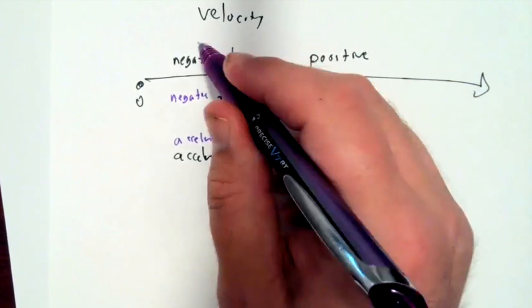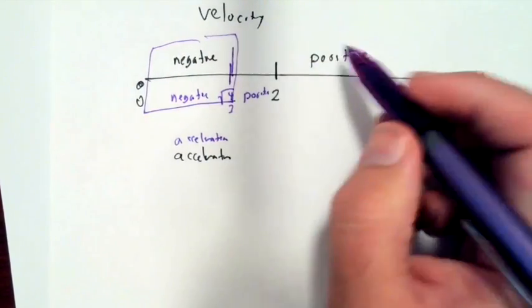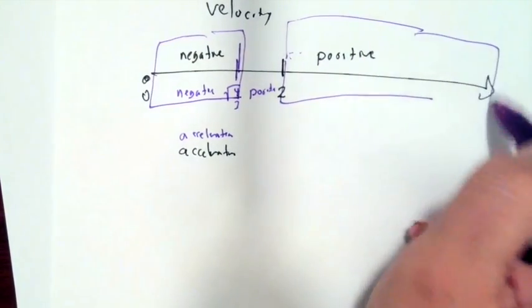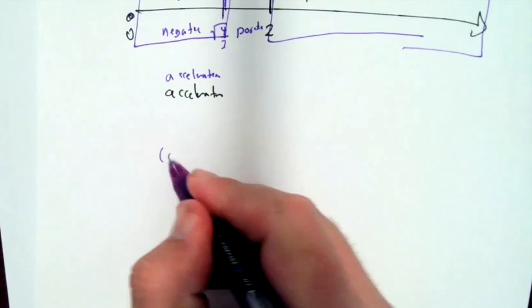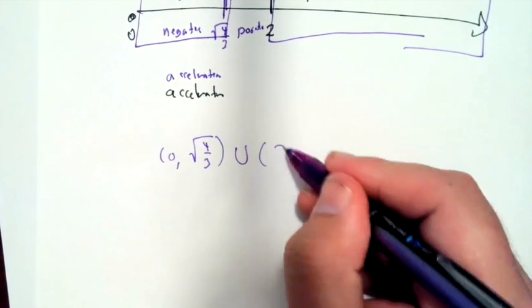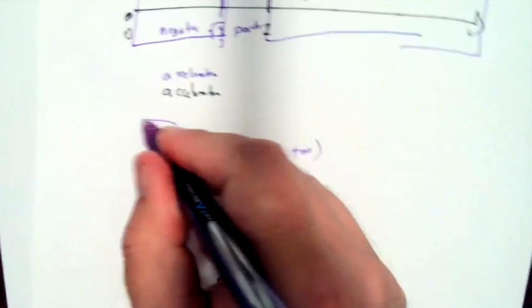So these two places where the acceleration and the velocity agree would be where the particle is speeding up. In other words, from 0 to square root of 4 over 3, union with 2 to infinity.